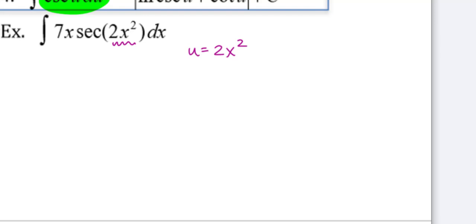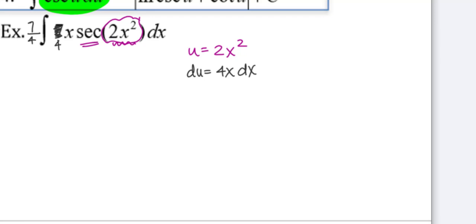And the reason we're doing that first is because I can really see that I have a function inside of another function, and truly I can always take secant of u off to the side and figure out that antiderivative. So u is 2x squared, du is 4x dx. So I'm going to move this 7, and I'm going to put a 4 in and an over 4 out.